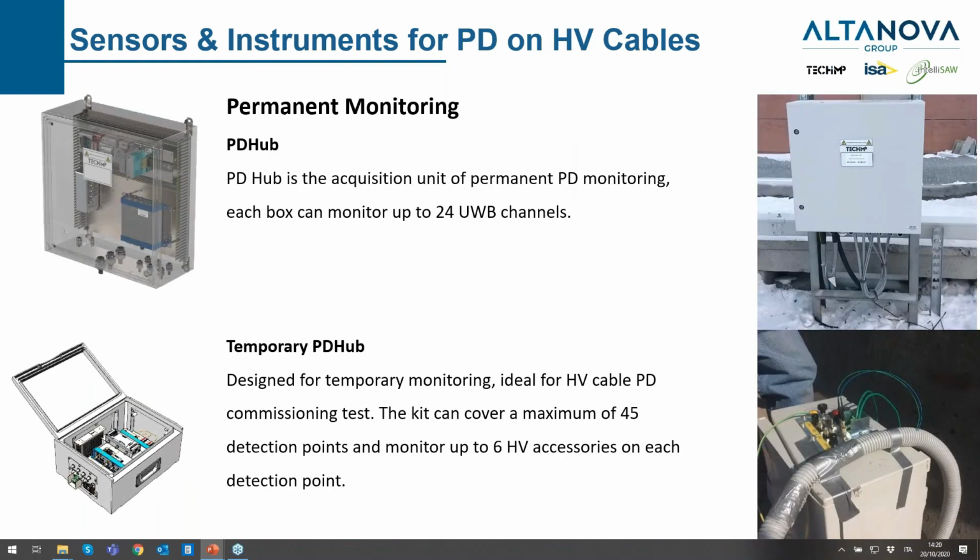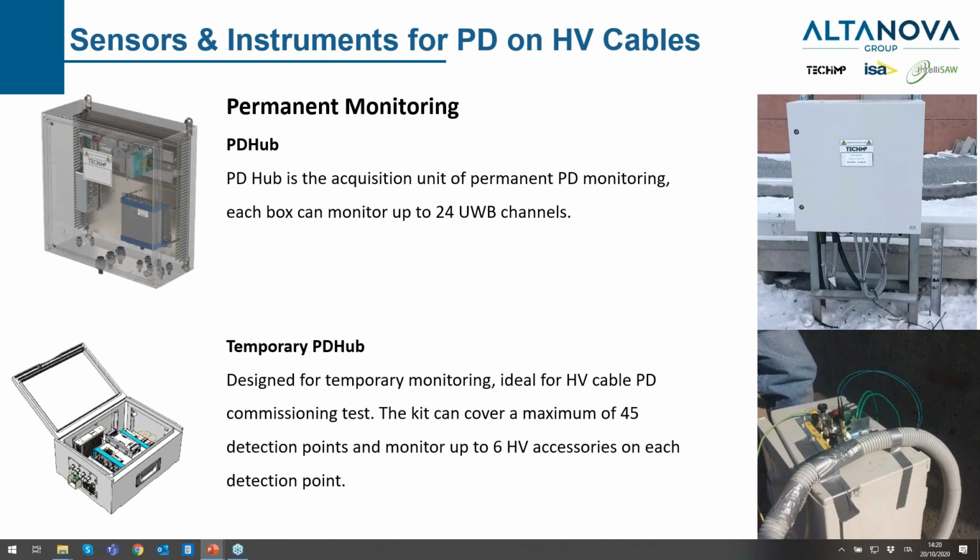In the permanent monitoring system, we have, let's say, many detection points along the high voltage cable. Those are called PD hubs. They are the core of the permanent monitoring systems. We have several of them distributed along the high voltage cable, normally one PD hub for each set of accessories.